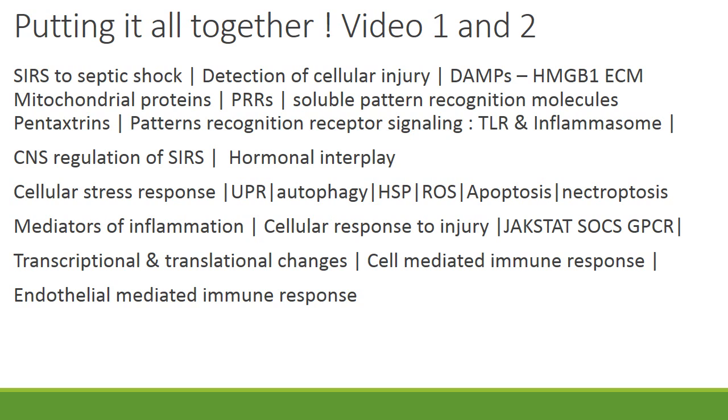There's also the GPCR, that's the G protein coupled receptor. So all these receptors in the end will try to cause gene expression along with the TNF receptor, that is the TNF superfamily receptor, and the transforming growth factor beta receptor. They try to cause gene expression in the hope of secreting proteins which are either trying to build the cell or creating enzymes or trying to turn things around. So the transcriptional and translation changes occur due to the cellular response to injury.